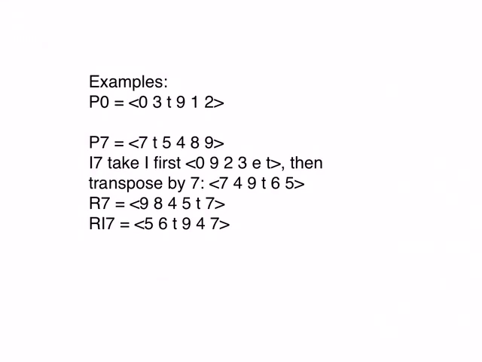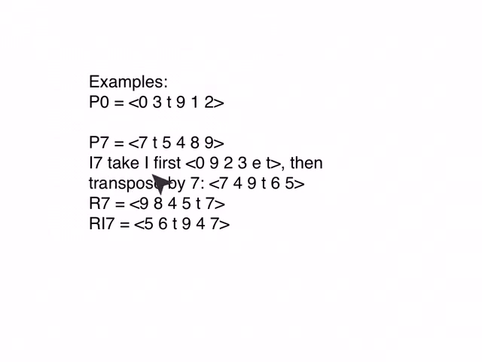Another example. So if this is a P0 form, 0, 3, 10, 9, 1, 2, the P7 form transposes each of these pitches by 7.